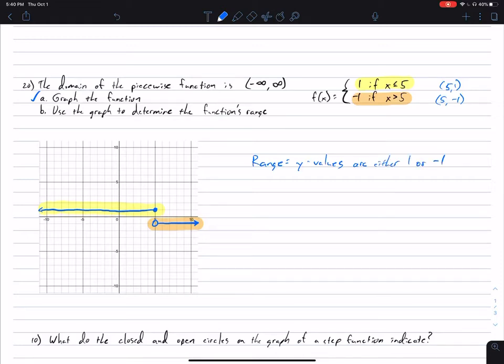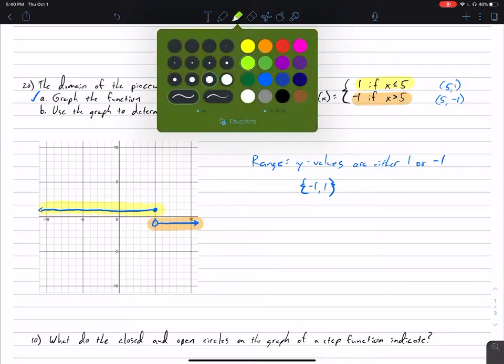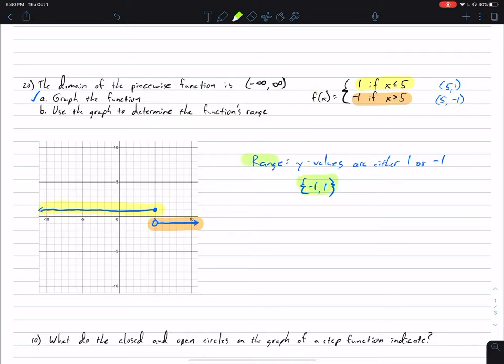That's literally all they can be. So my range, we're just going to make a list. It's negative 1 and 1. Those are the only possibilities for my range. All right, nothing in between counts, nothing above 1, nothing below negative 1. That's it. So this piece here, that is my range.